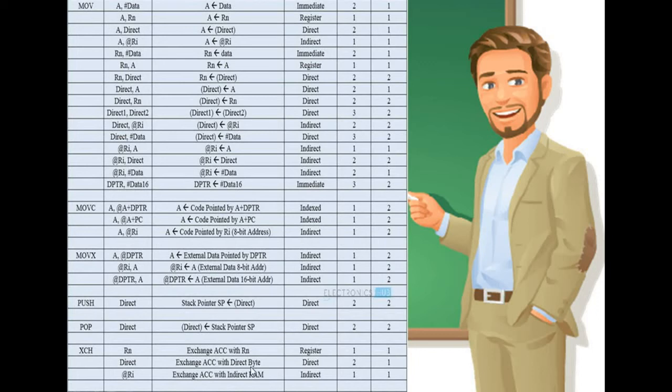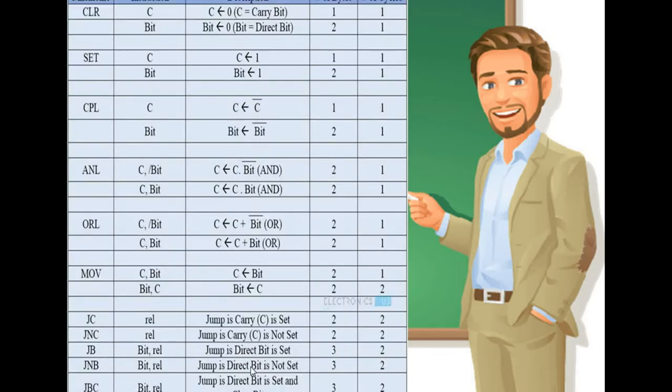Okay, coming to the next one, Boolean variables. Boolean variable instruction set. Here CLR is clear, SETB sets the value, CPL is complement, then AND logic, OR logic, move logic, jump if carry, jump if not carry, jump if bit, jump if not bit, jump if bit and clear.